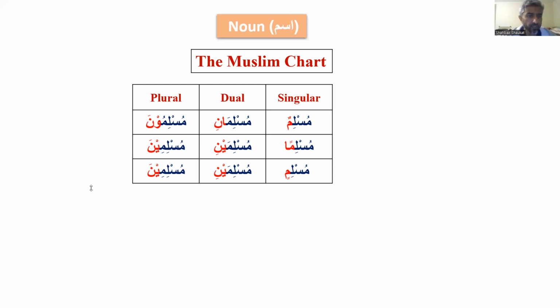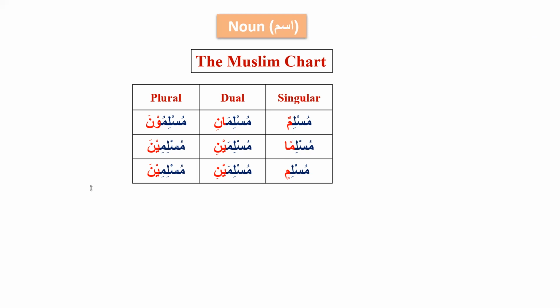And now I need someone to give me all 3 together. Uncle, I can give them to you. Go ahead. First status is Rafa. The second status is Nasab. And the third status is Jar. Okay. Danielle, what are the 3 statuses of ism?